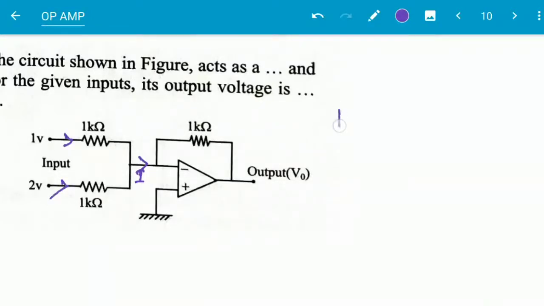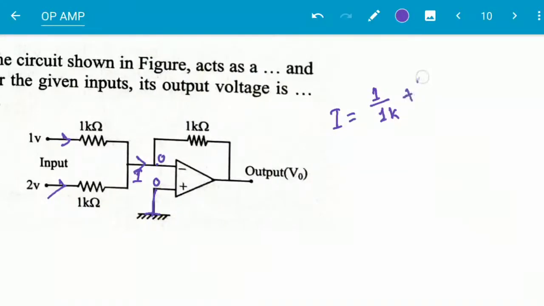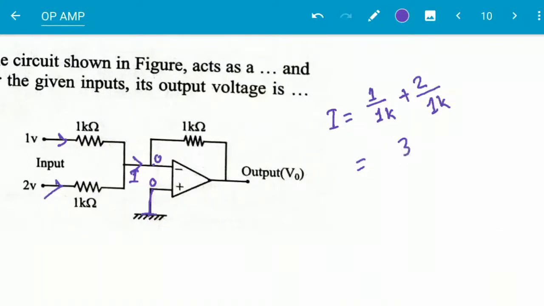So I will be equal to 1 by 1k, because this is 1 minus 0, as this is grounded and this will also be 0. So I am writing it as 1 by 1k plus 2 by 1k, which will be 3 by 1k. This equals 3 into 10 to the power minus 3 ampere, that means 3 milliampere.